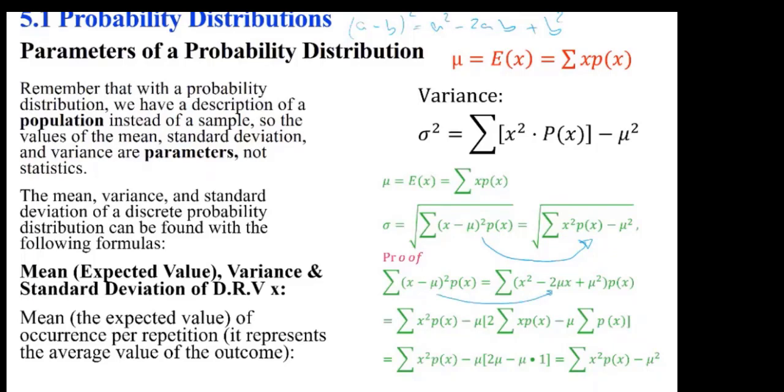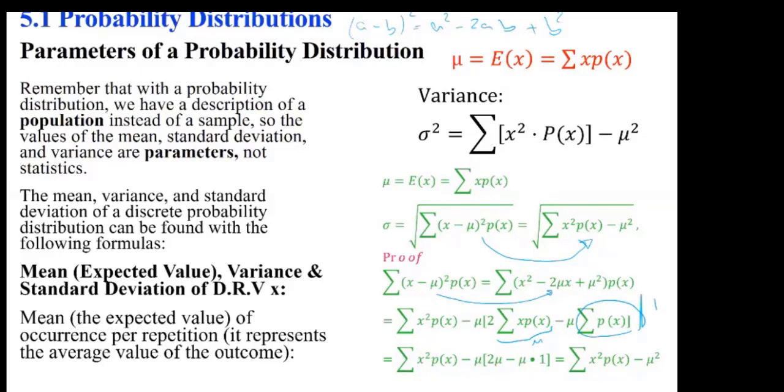That p of x, which is being multiplied by it, remains. So you distribute that and you get x squared times p of x minus 2 mu x times p of x plus mu squared times p of x. And so if you write them as such, this is the same as mu, and the summation of p of x must add up to 1.